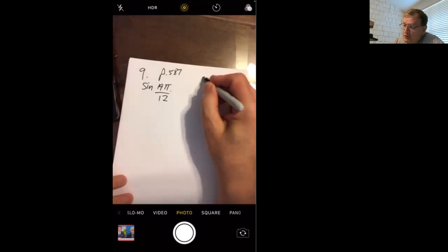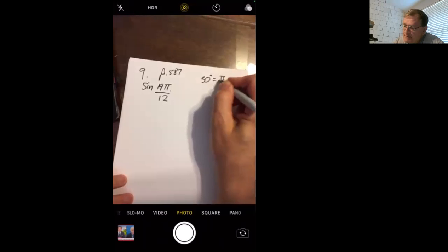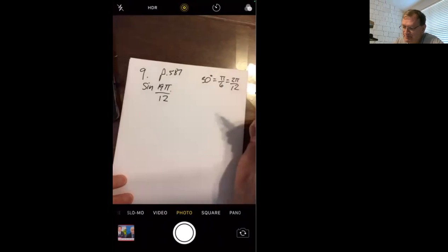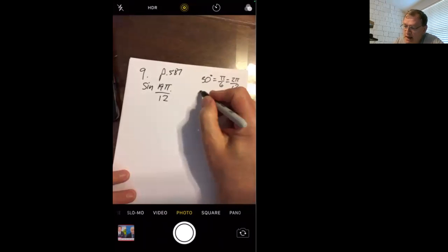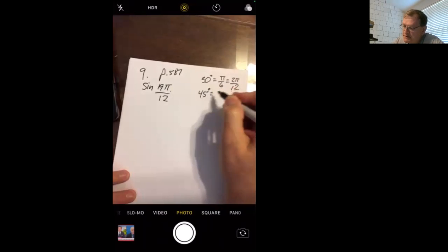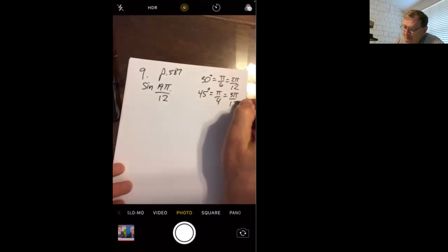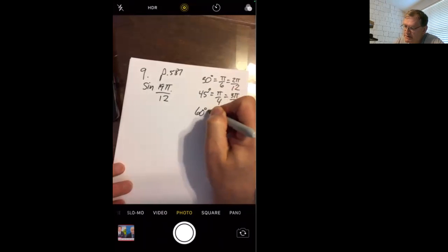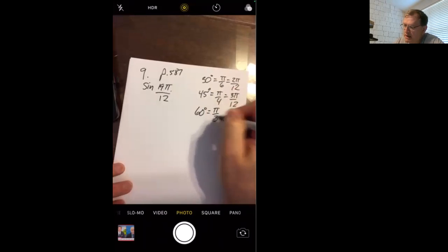Okay, 30 degrees is pi over 6, and that's 2 pi over 12. So I'm trying to get some combination that'll give me 19 pi over 12 eventually. 45 degrees is pi over 4, and that is 3 pi over 12. And then 60 degrees is pi over 3, 4 pi over 12.